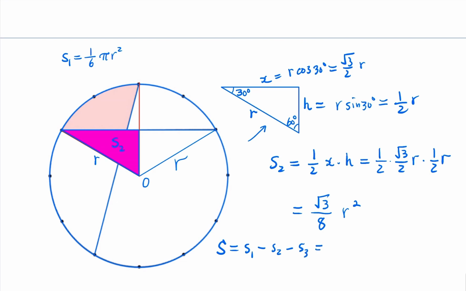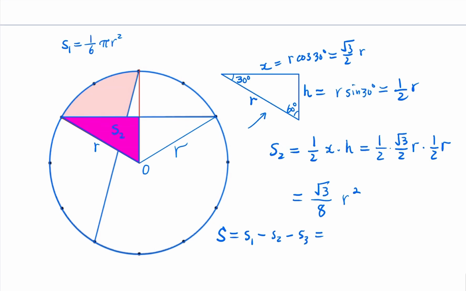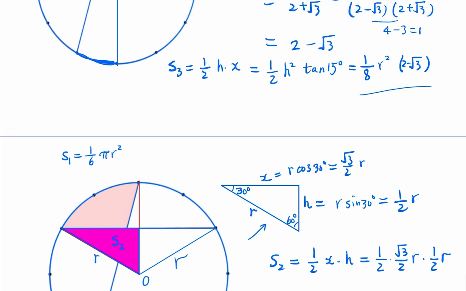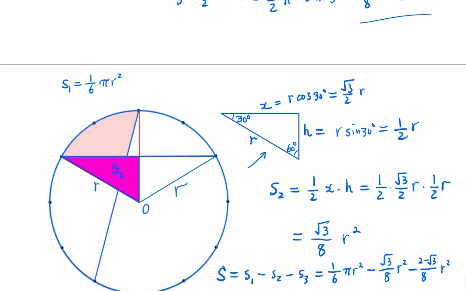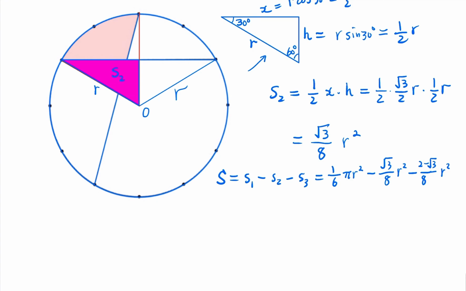Now plug in the values: 1/6 of pi r squared minus square root of 3 over 8 r squared minus 1/8 of 2 minus square root of 3 r squared. Let's do some math.